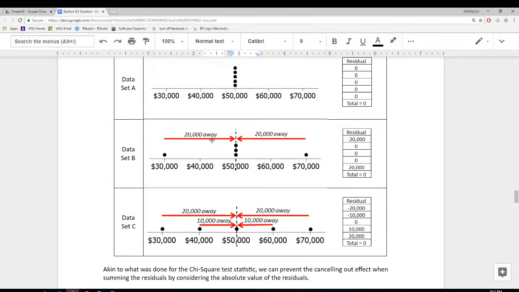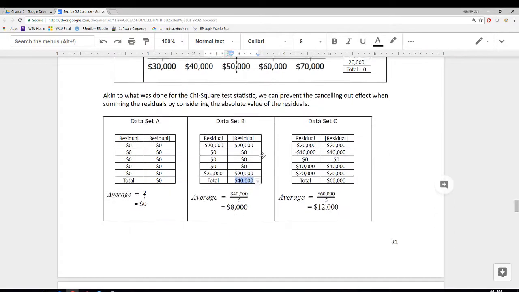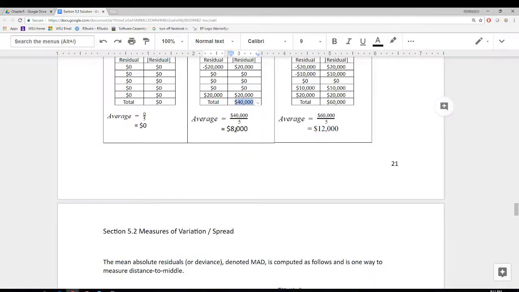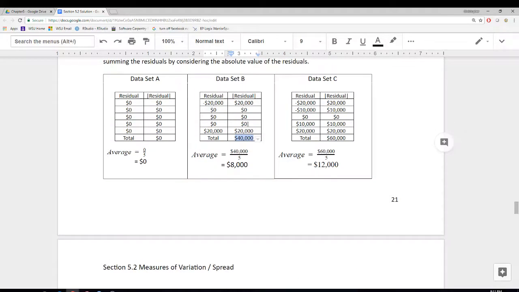All I need to do is take that 40,000, the total distance, and divide by the 1, 2, 3, 4, 5 data points. That's what I do here on the bottom of page 21. So on average, in data set B, the observations are about 8,000 away from the average, or from the middle of the data.